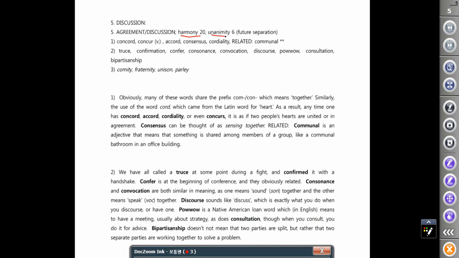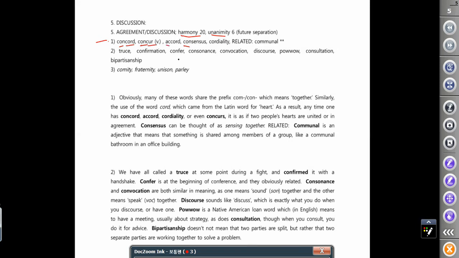They're fairly common words. In the first family, we have concord, concur, accord, consensus, and cordiality. Now, these are easy to connect together because in a lot of these we have con, which means together, and we also have cord, which means heart. So we have concord or hearts together. And even concur goes with concord. It's a related root.